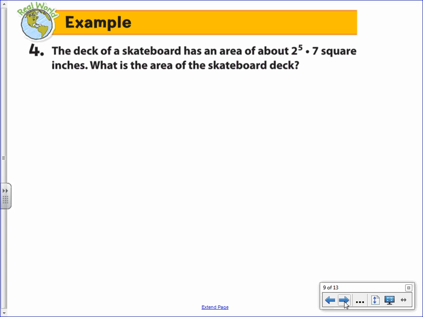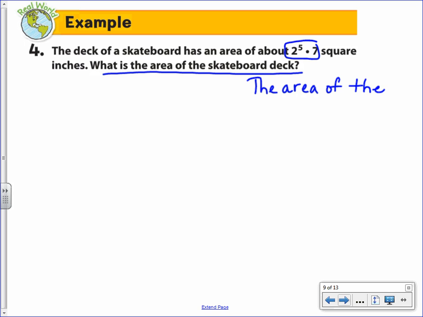Next one, the deck of a skateboard has an area of about 2 to the 5th power times 7 square inches. What is the area of the skateboard deck? Okay, so the area of the deck is, I'm going to fill that in, inches squared.